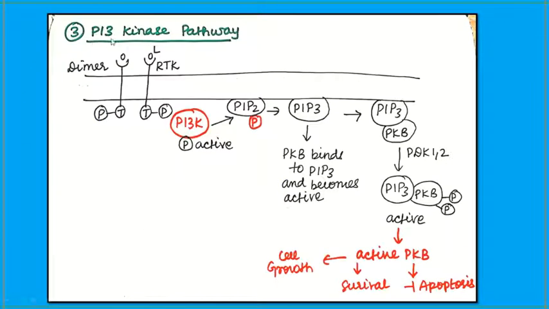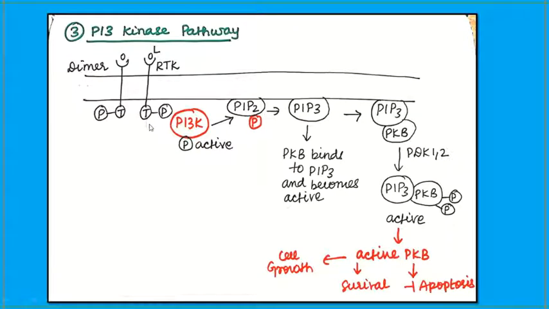Next is the PI3 kinase pathway, the phosphatidylinositol 3 kinase pathway. Here the mechanism is the same. The ligand will bind to the receptor tyrosine kinase. Dimerization of the receptor will take place, the catalytic domain present in the cytosolic region of the receptor will be activated, and then auto cross-phosphorylation will happen, so the receptor will be activated.